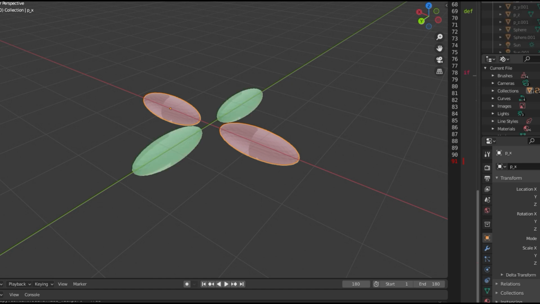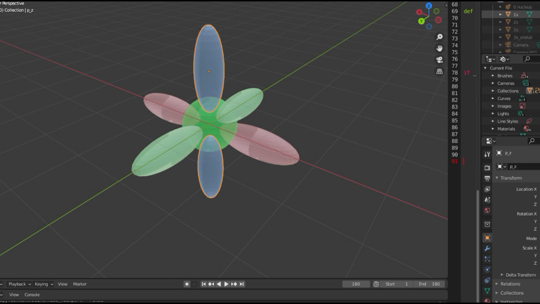Since P has 3 of this structure, this was the first one, this is the second one, and this is the third one, we have 2 plus 2 plus 2, allowing 6 electrons to exist within that space. When it comes to our spherical shape, it allows 2 electrons as a whole. So the spherical structure allows 2, while the P subshell allows 6 electrons.